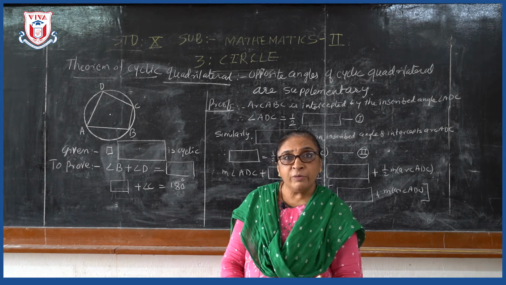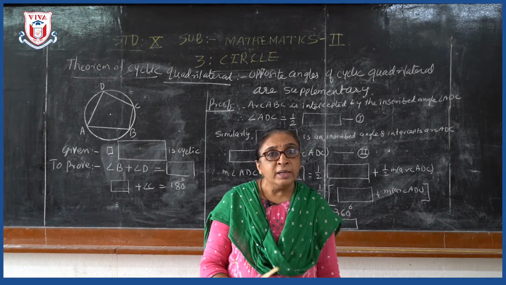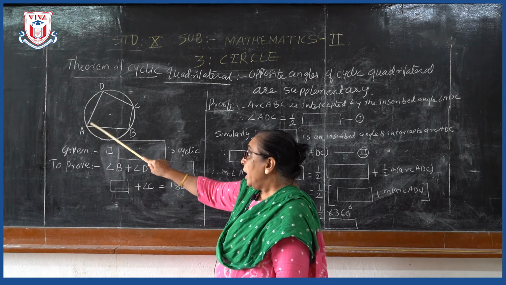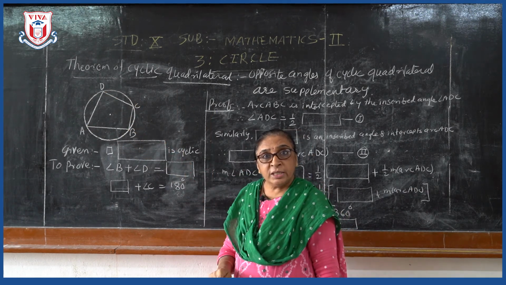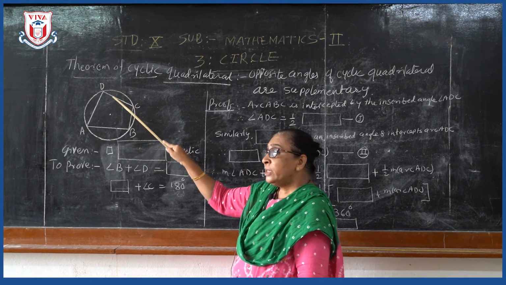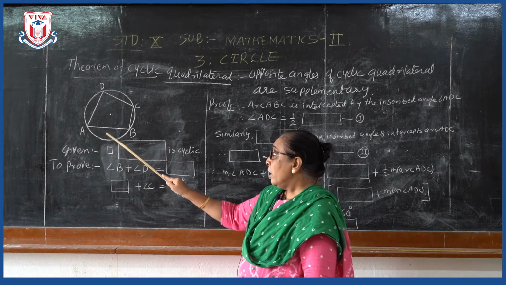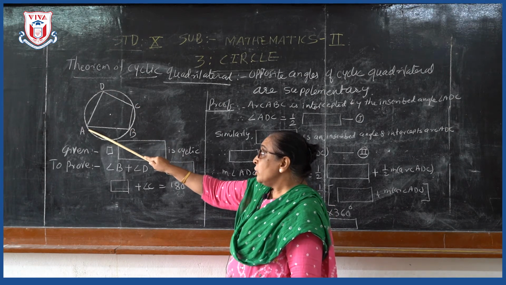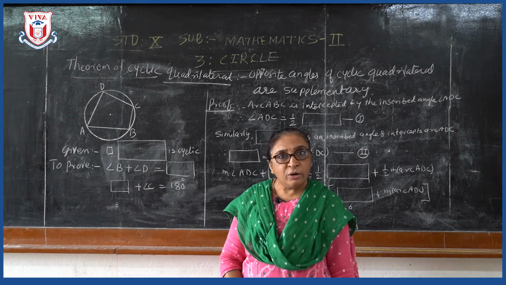When all the 4 vertices of the quadrilateral lie on the same circle, for example, see in this figure, A, B, C and D, these are the points lying on the same circle. Means all these 4 points are concyclic, and if they join, we get the figure of quadrilateral ABCD. So in this way we get the quadrilateral ABCD, which is a cyclic quadrilateral.